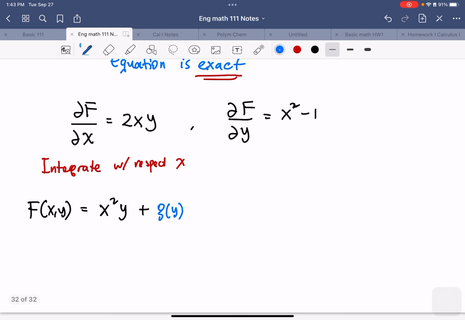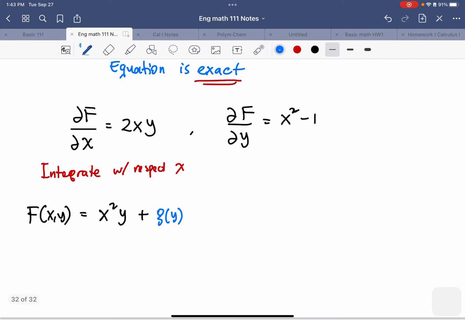After we get this, then we derive. Why do we derive? Because we need to make sure that it is going to be the same value as this. So we derive with respect to y. Let me write here. This becomes x squared, because it's y, plus g prime of y.